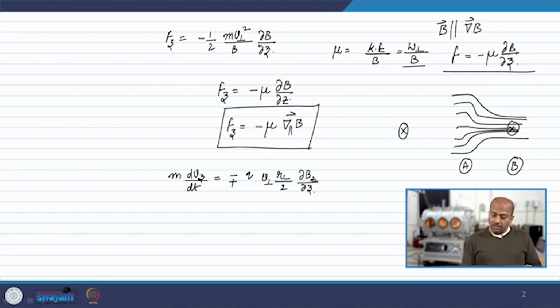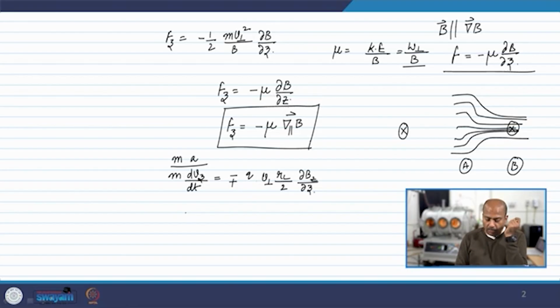After simplifying this, we got this expression Fz, but I am writing it for a purpose. So, m dvz/dt, the z component, F equals m a, right, mass times the acceleration. Acceleration is nothing but the rate of change of velocity, is minus plus q by m v perpendicular RL by 2 ∂Bz/∂z. That means the particles of different charges will have different directions as per this formula, right.